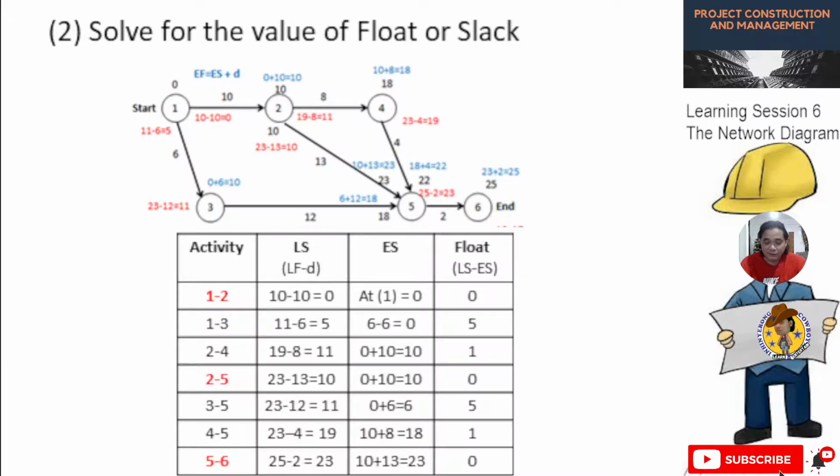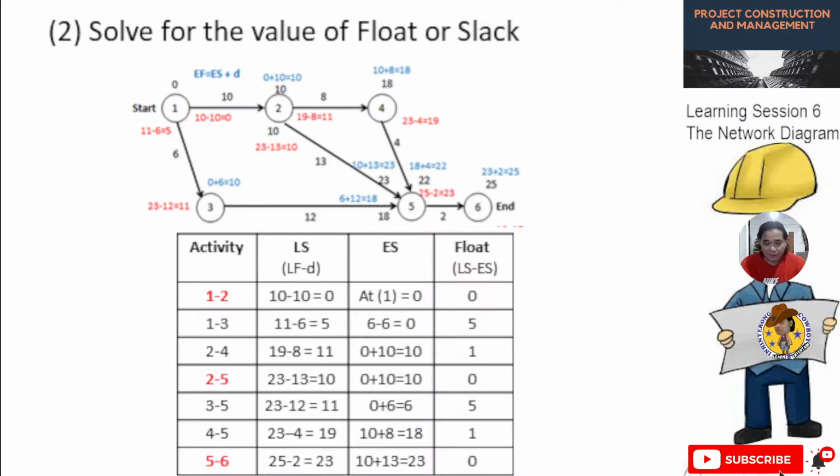The answer is simply because you will know what activities need to be focused on. You have to focus on those activities because if one of the critical path activities is delayed, meaning the entire project will be delayed.